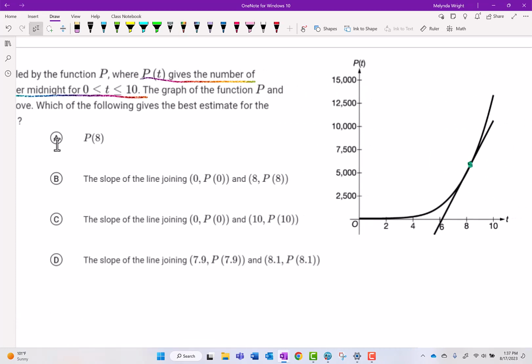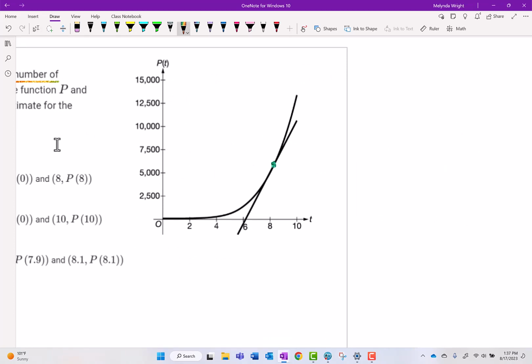So that's going to be the slope of that line. Are you with me? Instantaneous rate of change is going to be the slope of the tangent line, so let's just write this out here so we remember. Slope of the tangent line equals instantaneous rate of change.